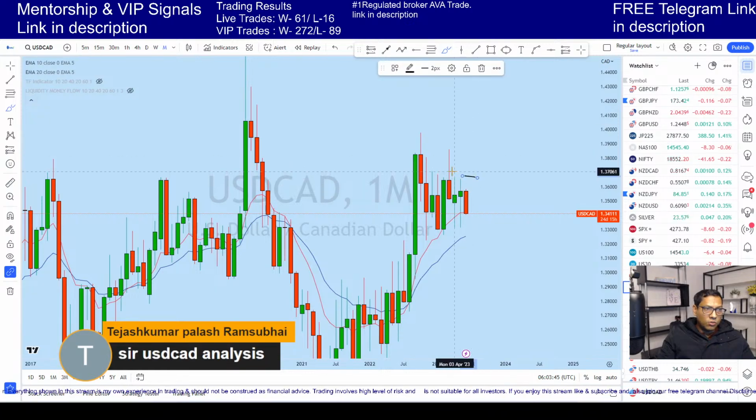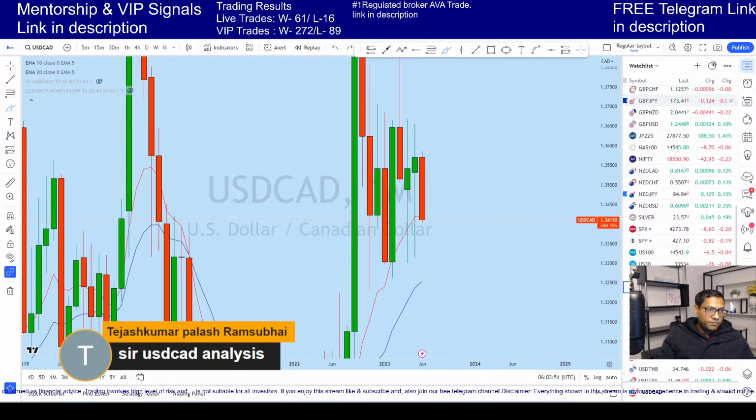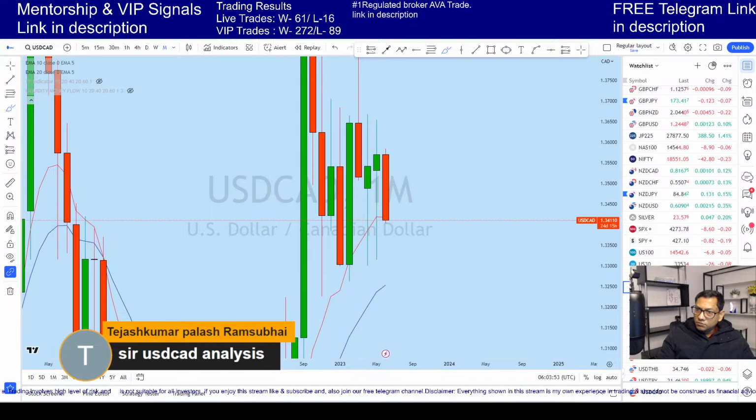A series of lower highs along this area, and after back to back two dojis on the monthly, what we see is that this month so far, once the market opened after a little pullback, the market has dropped in that direction.